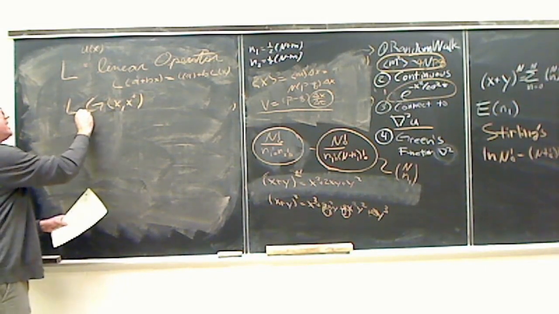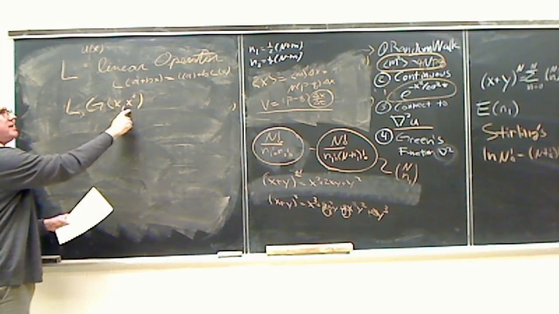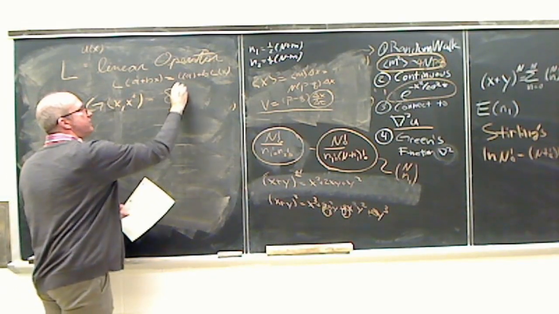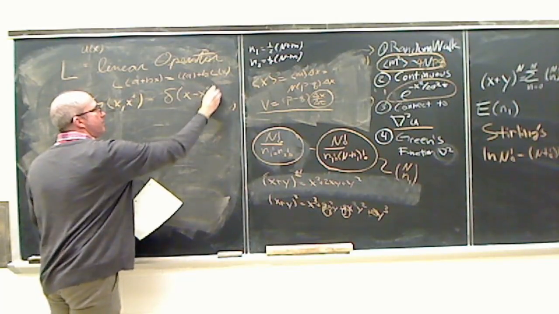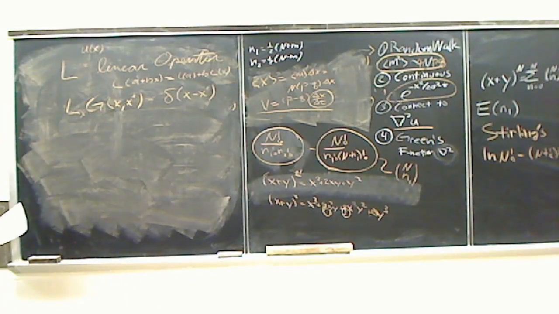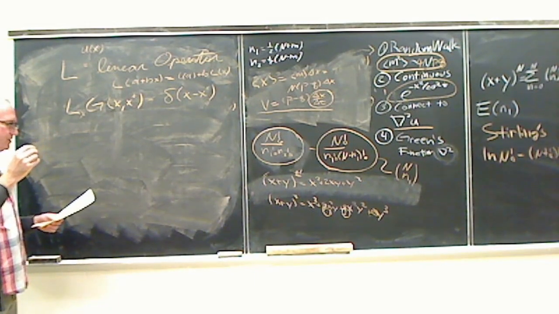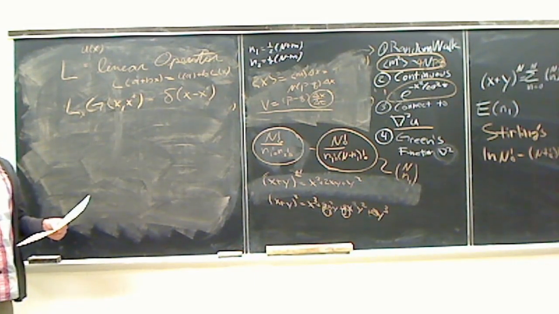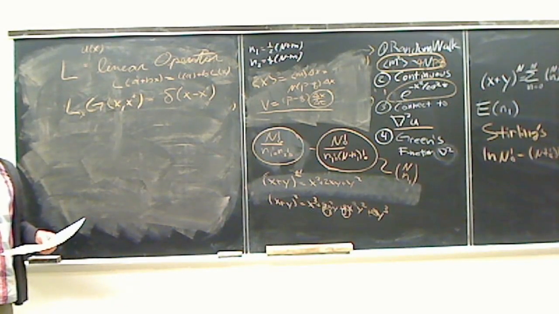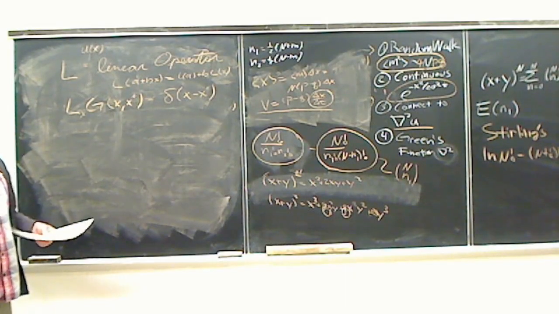So the operator is acting on x, and this gives you delta x minus x prime. Sorry, I usually think about the best way to explain the concept before I get here, but that's what I got.